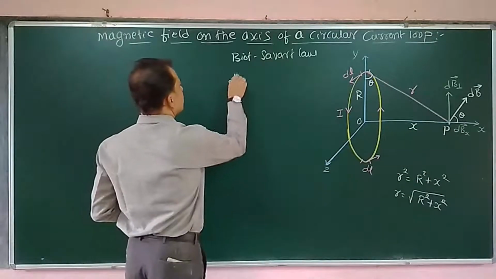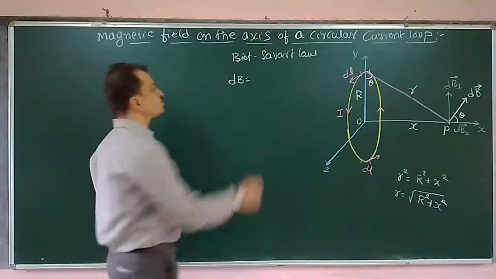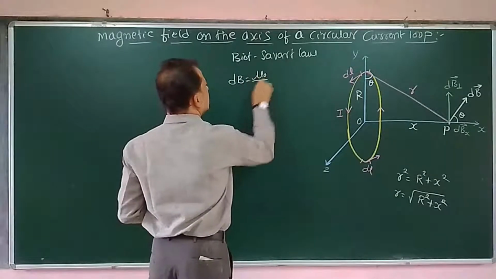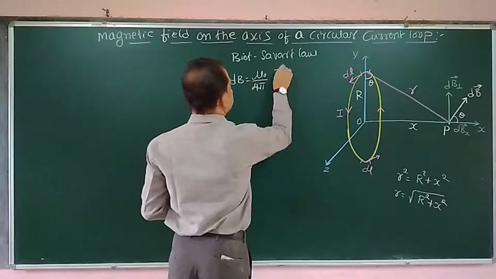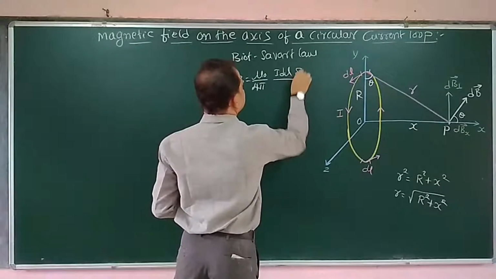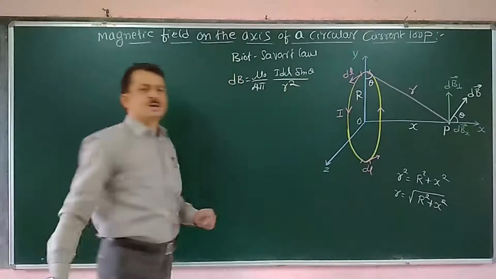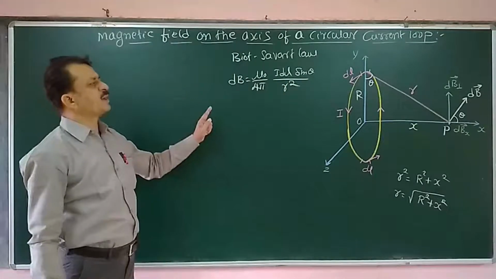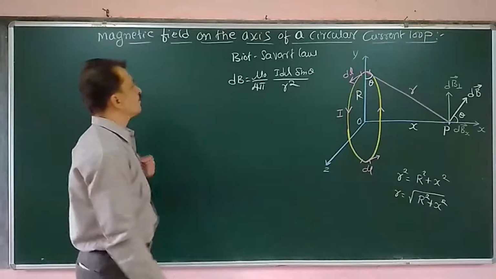As we already know, it is mu naught divided by 4 pi, I into dl sin theta divided by r square. It is the magnitude of the magnetic field at the point P due to this current element.